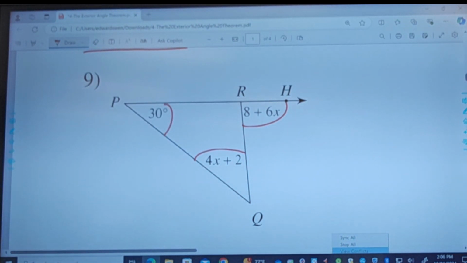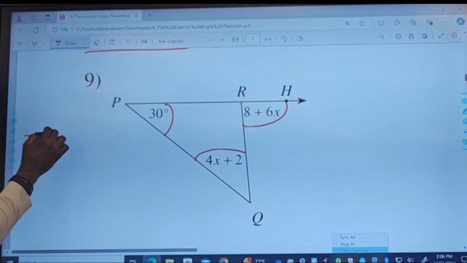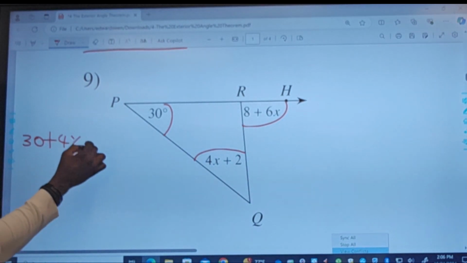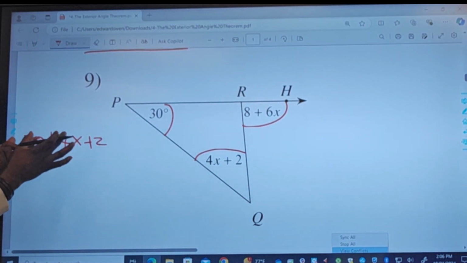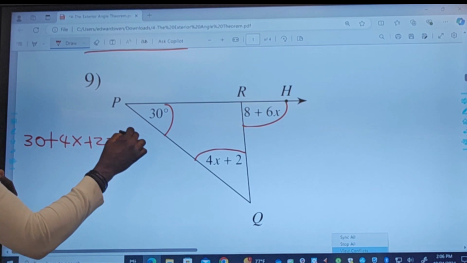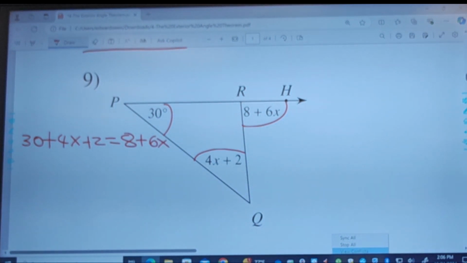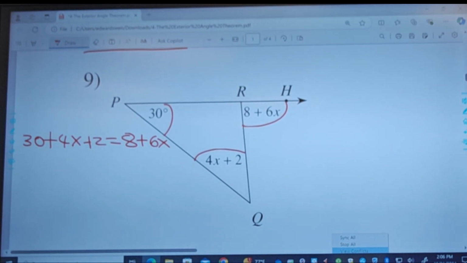So the theory suggests that if I take 30 plus 4x plus 2, if I add those two remote interior angles, it's going to give me my exterior angle, which is 8 plus 6x. Are we together?